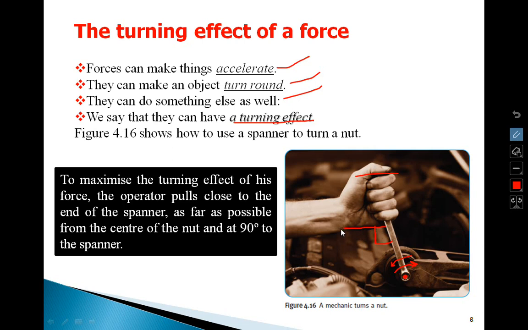As much as you can, try to make this angle 90. If you make this angle 90 and put your hand as far as possible from the center of the nut, the turning effect will be high, or the turning effect of the force will be increased.